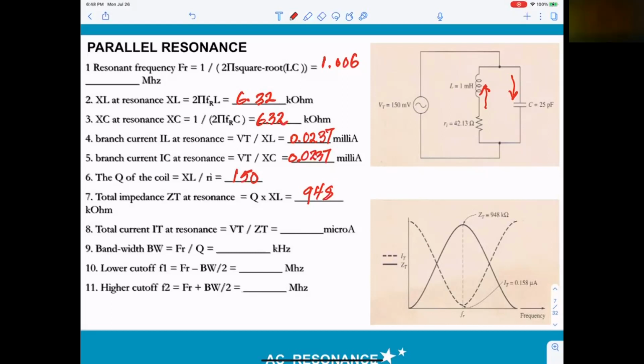Oh, so you want that in micro, so 2, 4, 6, 0.3 micro? No. 0.3 micro, Mr. Pham? 0.158 micro.